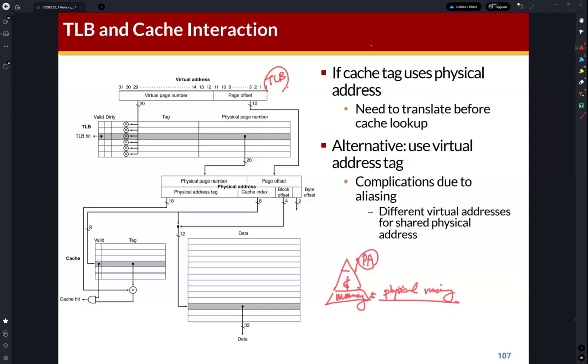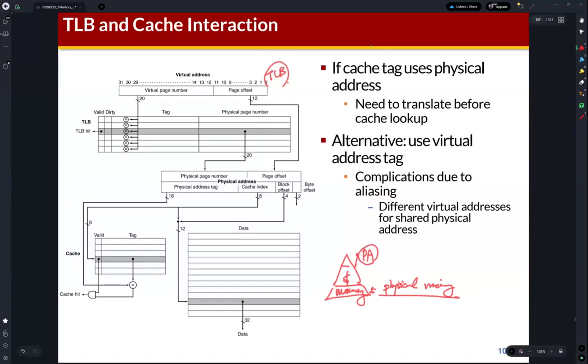Then we can get a valid page table entry from the TLB. If we can get the valid physical page number from the TLB, then we can get the physical address, and using this physical address, we can access the cache. If the request is a cache hit, then we can get the requested data in the cache, right?